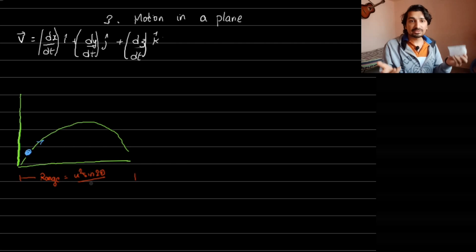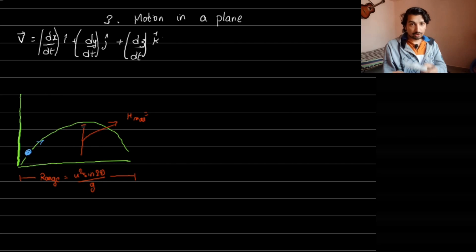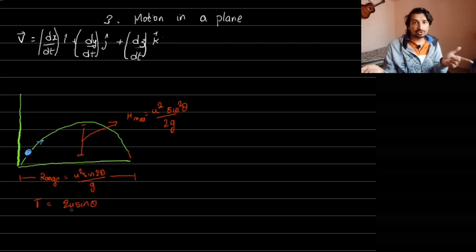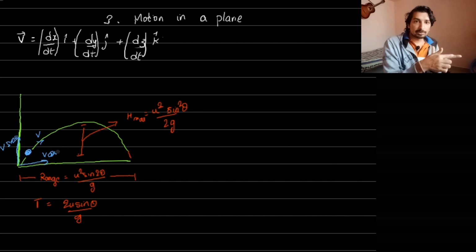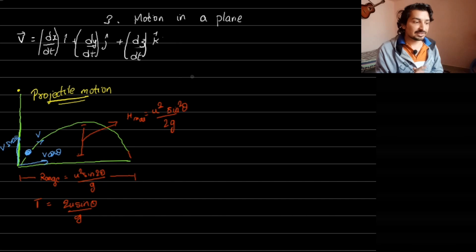Obviously the upward component of velocity. The velocity has this vertical component and this horizontal component. The vertical component is responsible for maximum height. Who is responsible for range? Range means how far it goes. For range, the horizontal component, that is V cos theta, is responsible, and for height, V sin theta is responsible. Using those formulas, I can find h max and range.